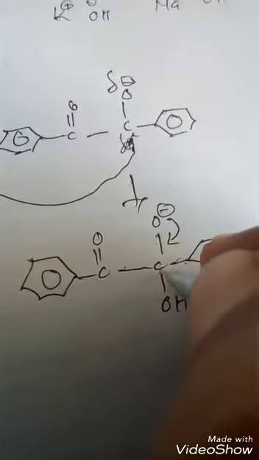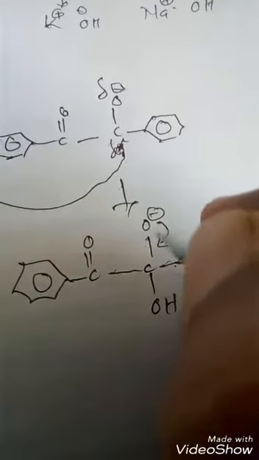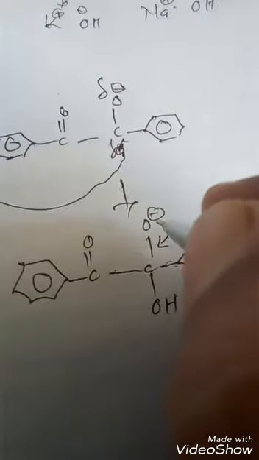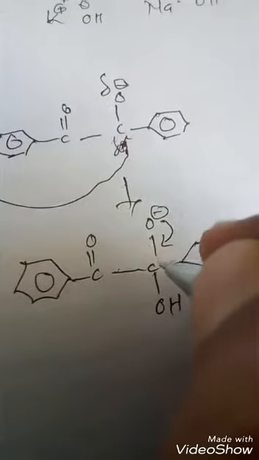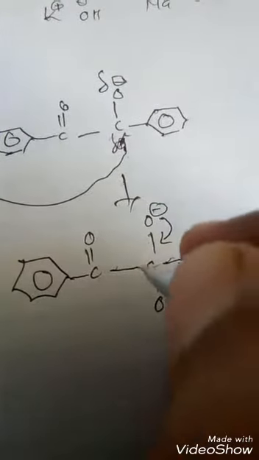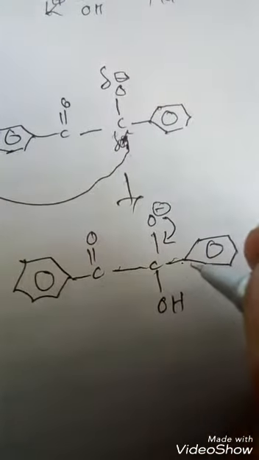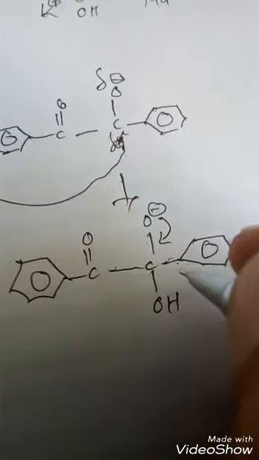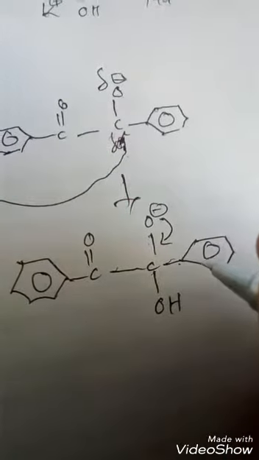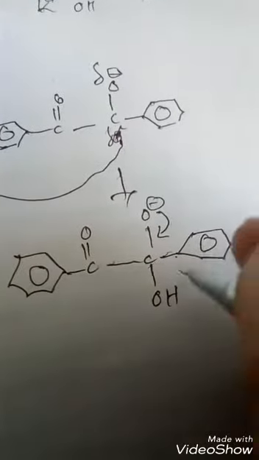Why? Because when the bond is broken, the electrons will be with this aromatic ring, and because of resonance structures, this aromatic ring can adjust or stabilize this negative charge.